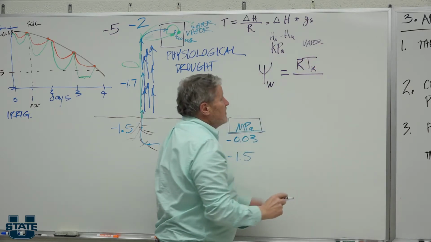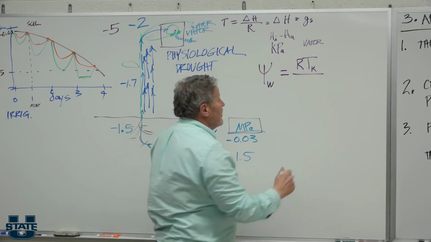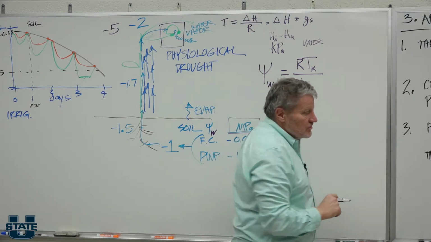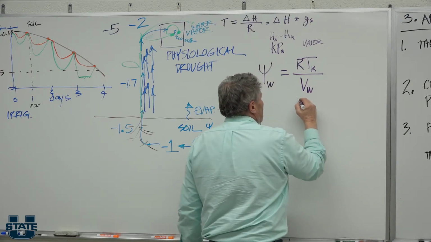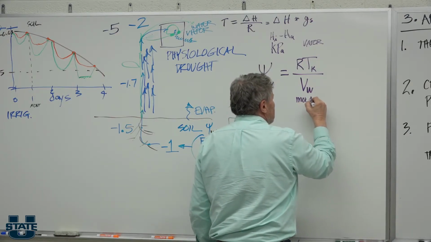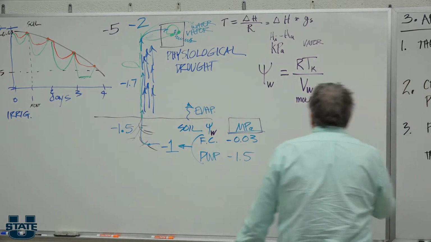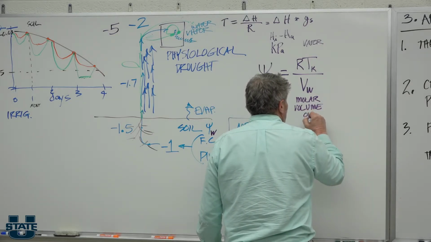So this is the ideal gas law constant, R, temperature in Kelvin, divided by VW, and this is the molar volume of water.